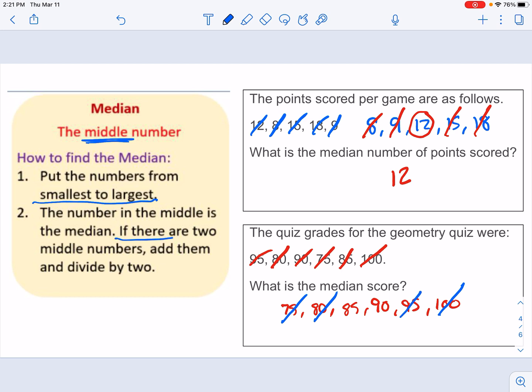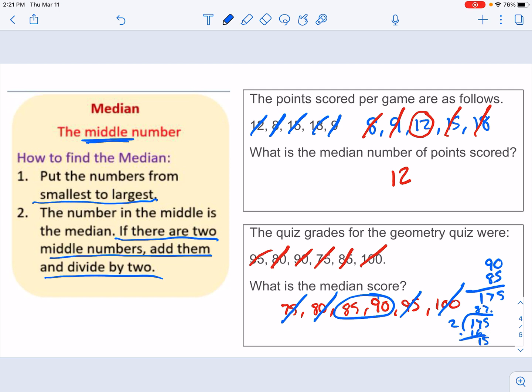Okay, so if there are 2 numbers in the middle, we add them together and divide by 2. So 85 plus 90, 175 divided by 2, is going to get us 87.5. So 87.5 would be the median of the quiz scores.